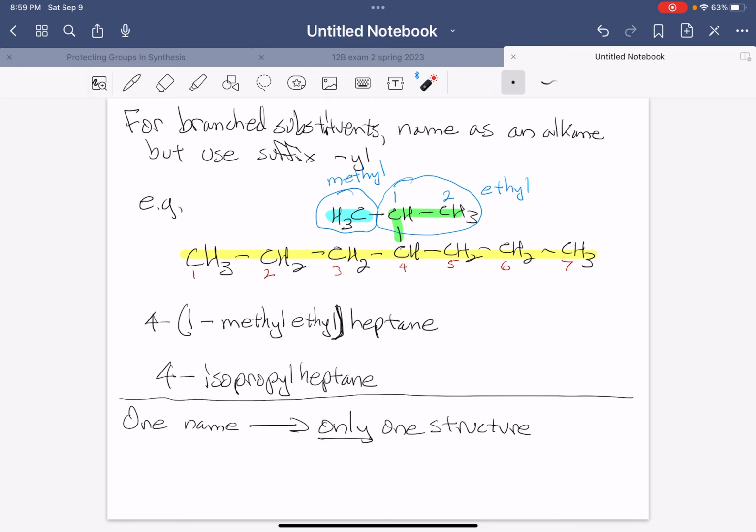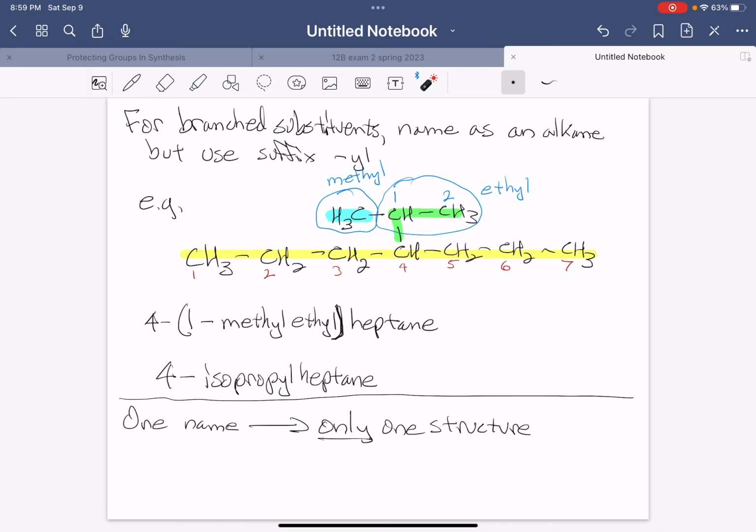If I have a name for something, I can draw one unique structure for that thing. It's okay if your one structure has multiple different names. Often they do. You'll have 1,2-dimethylbenzene, but people will also call it orthoxylene.